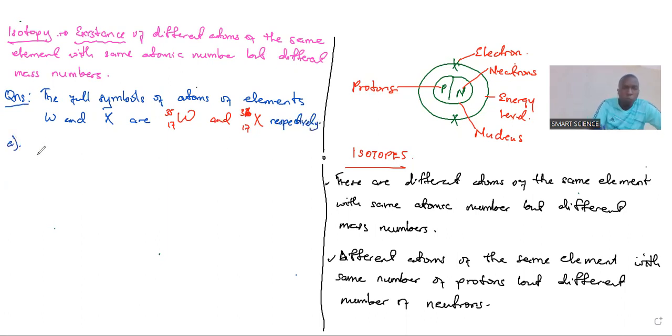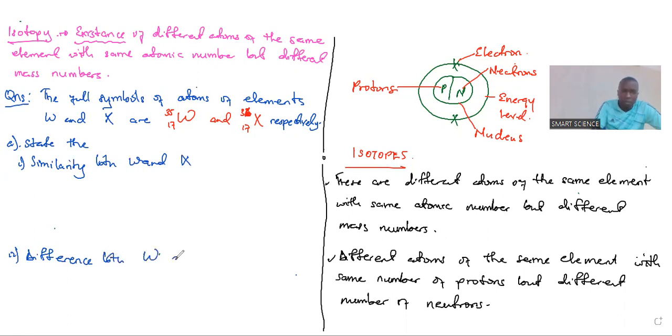Part A says state the Roman 1 similarity between W and X, then Roman 2 difference between W and X. When it comes to the similarity, we shall say both have the same atomic number.